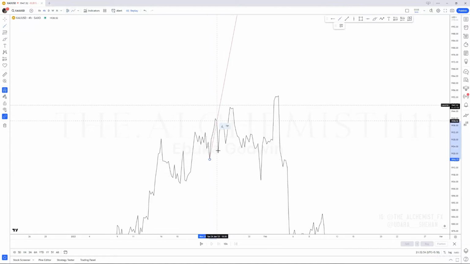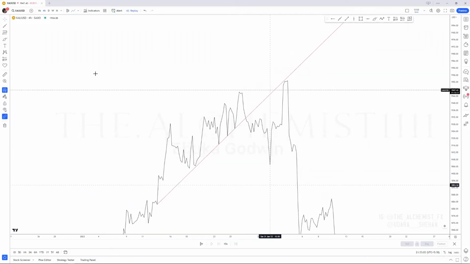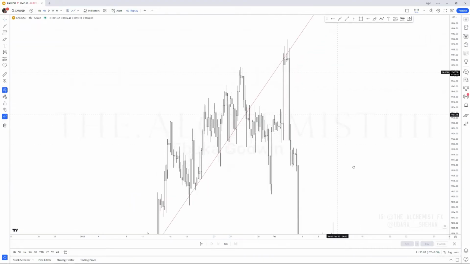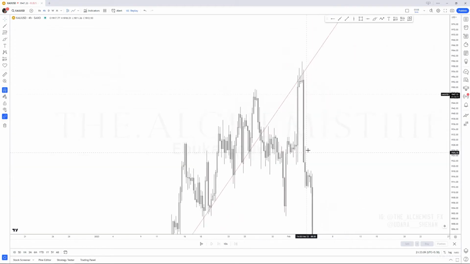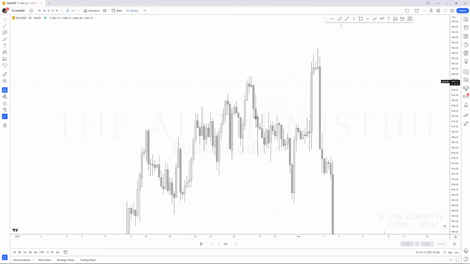I think so. I don't remember. Yeah, even this one. If I draw it from somewhere here. Yeah. See that? The sell in here. Of course, I did not expect this break and retest trend line. I just saw it right now. I used this trend line for this sell though.